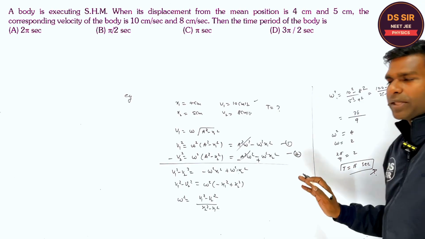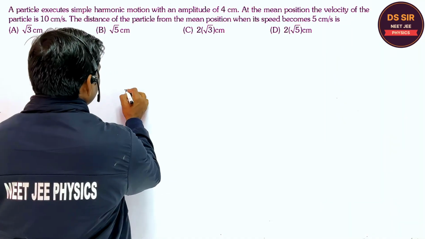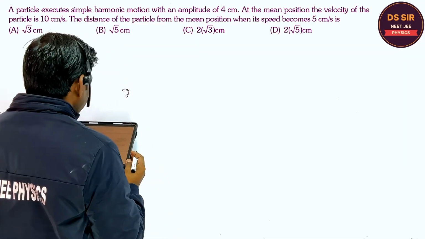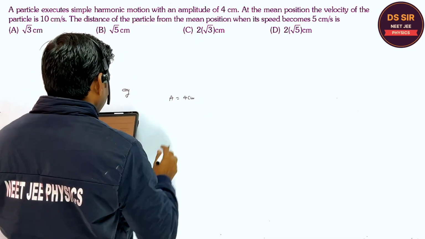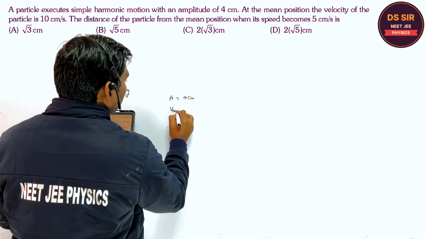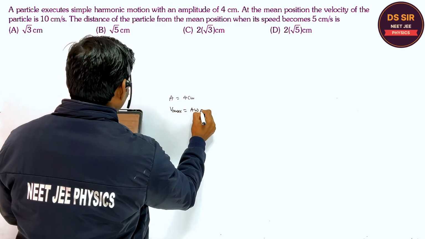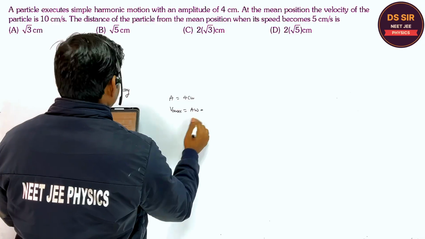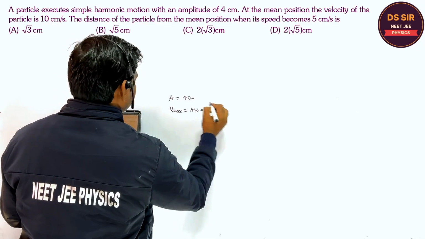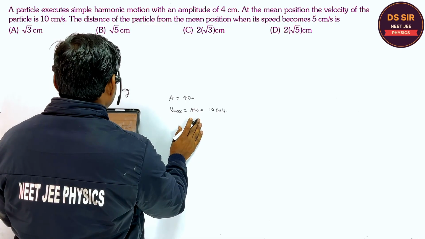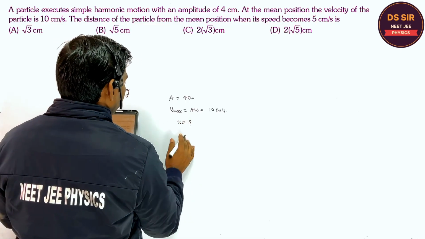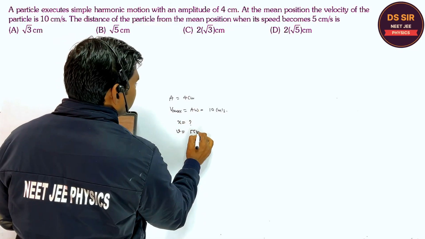Fine. Copy this. So read this question. In this question, a particle is executing SHM and the amplitude is 4 centimeter. At the mean position, the velocity is maximum, and this is equal to a omega, which is given as 10 centimeter per second. The distance of the particle from the mean position, the distance you have to find, when the velocity becomes 5 centimeter per second.